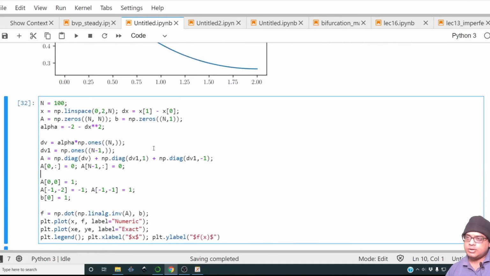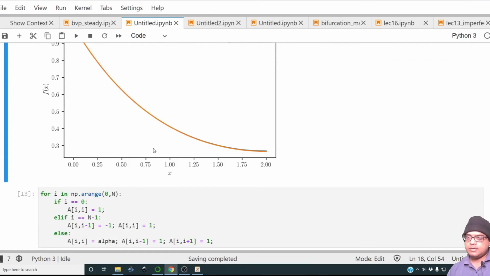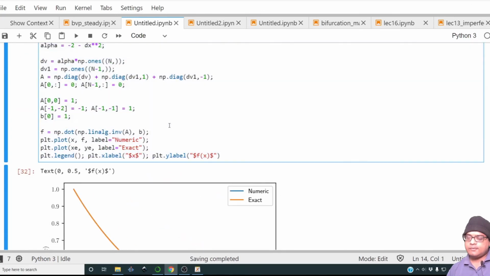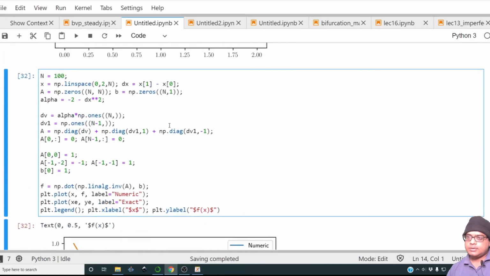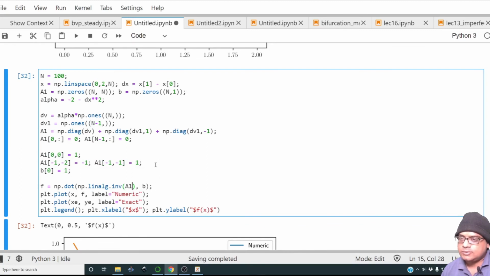Alright, so let me make a copy of this, or in fact let me change it to A1, and I'll make the other thing as A2, so that we can plot everything in one.